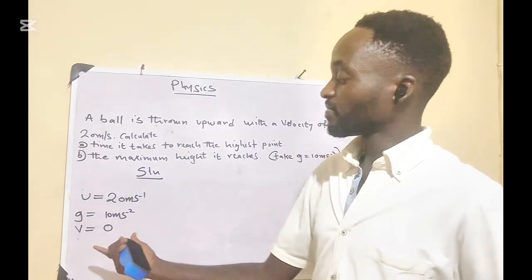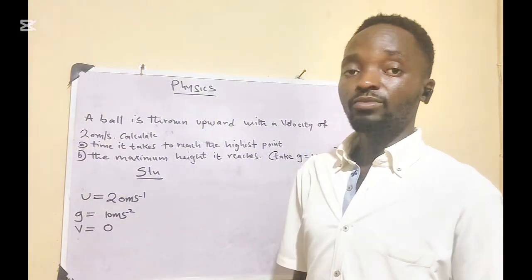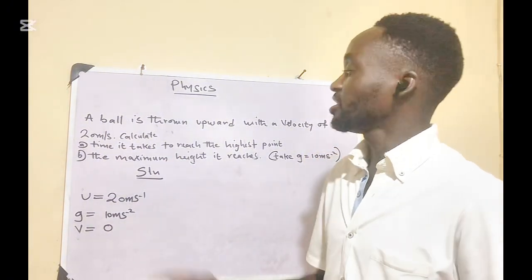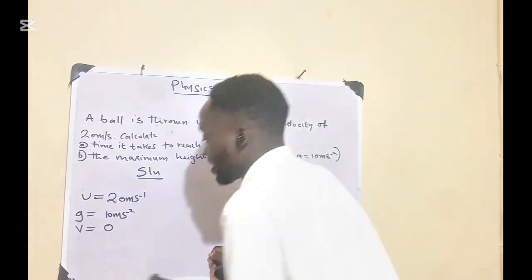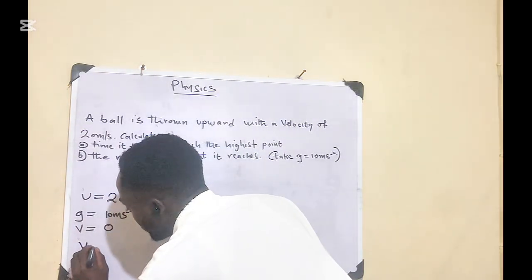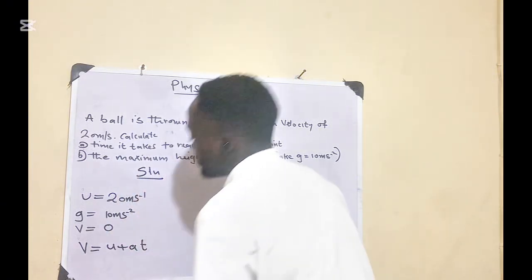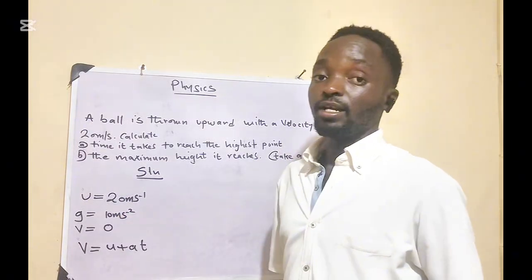So now let's find an equation or a formula that we can substitute these variables into and be able to get the time that we are asked to find in part A. From the first equation of motion, we have that V is equal to U plus AT. This is the first equation of motion which can help us to find the time.